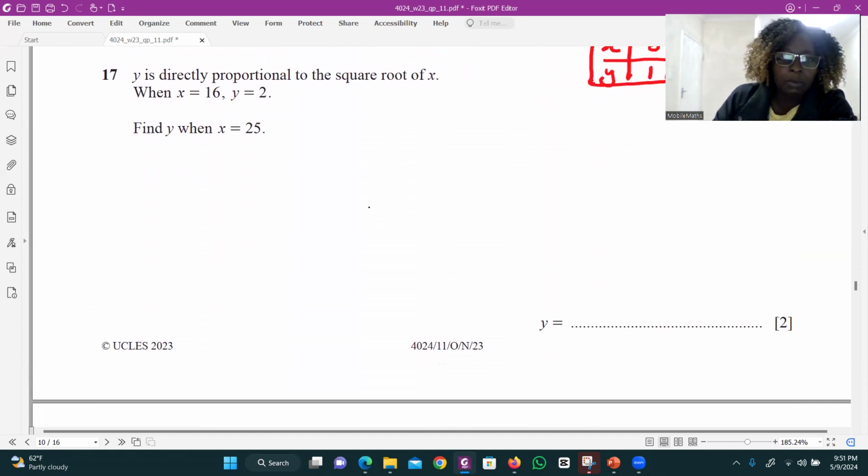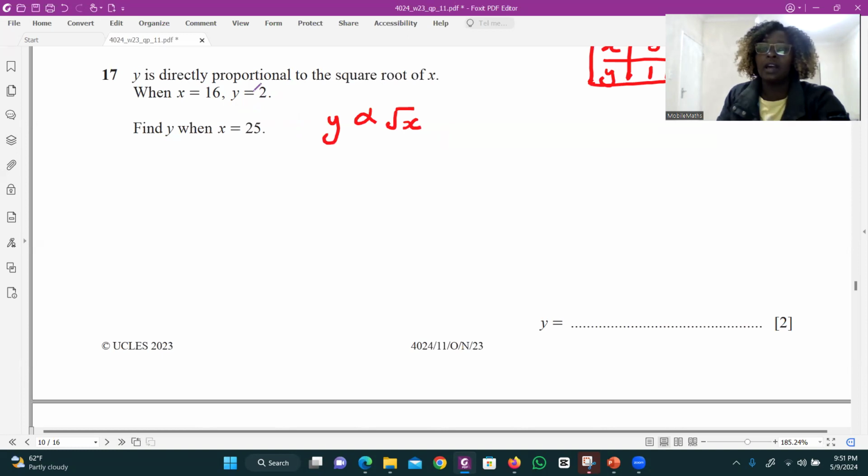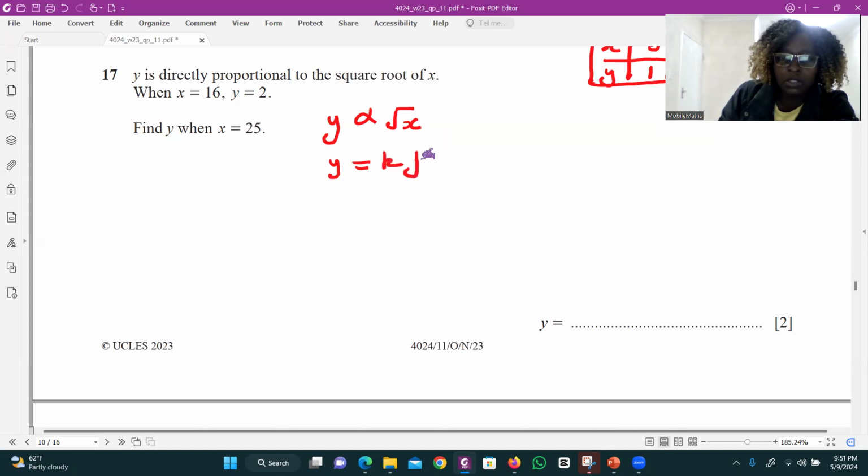Y is directly proportional to the square root of x. Then we are given the points, and this will give us the value of our constant. So we can say y is equal to k, a constant, times root of x.